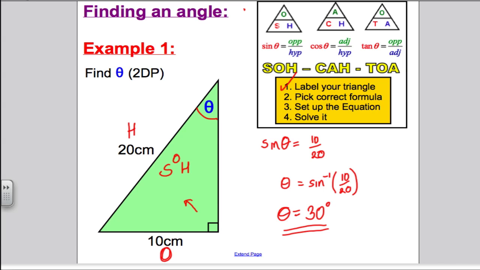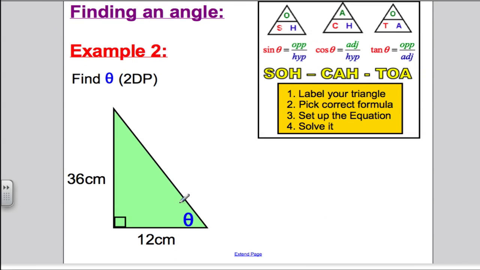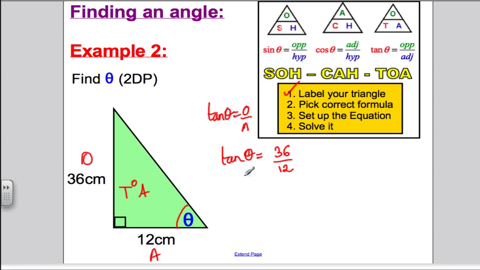Okay, let's try another one. Again, find an angle. Here's the angle I want to find. Label it with reference to the angle. This is the opposite, and this is the adjacent. What has O and A? TOA. So write down what that means. That means tan of the angle is opposite, which is 36, divided by 12, the adjacent. Tan of the angle is opposite over adjacent.